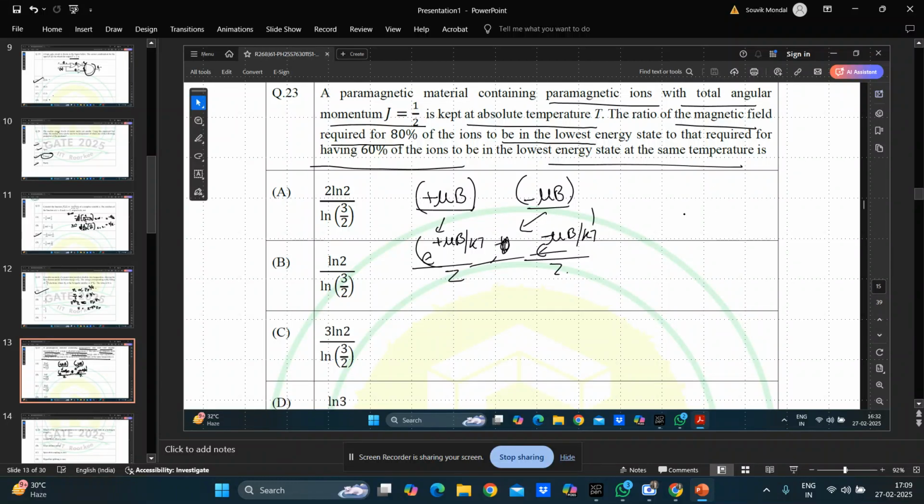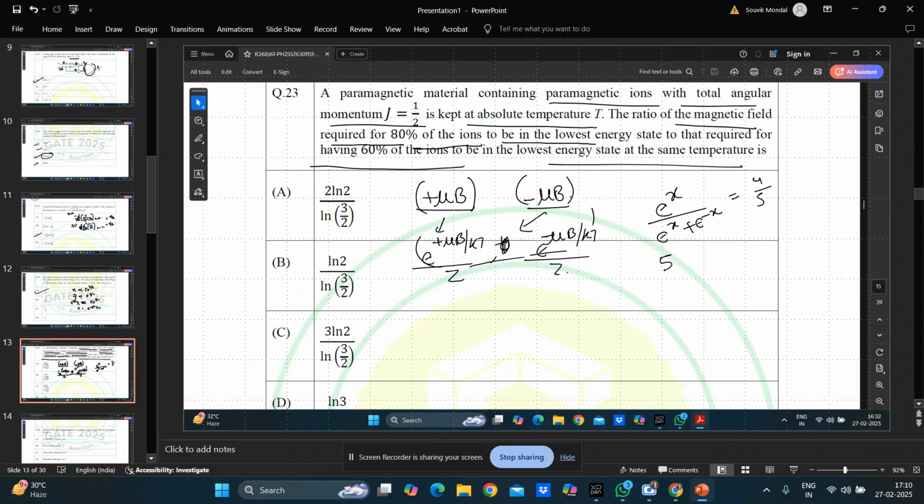The first thing is, they are saying that the lowest state has 80% of the ions. Let's say mu B by kT is equal to x, right? So e to the power x divided by (e to the power x plus e to the power minus x) is equal to 80%, that is 4 by 5.